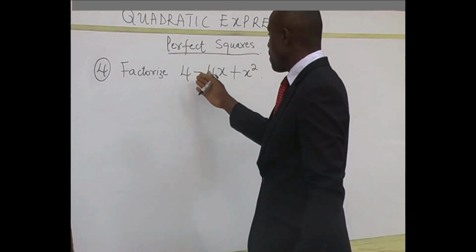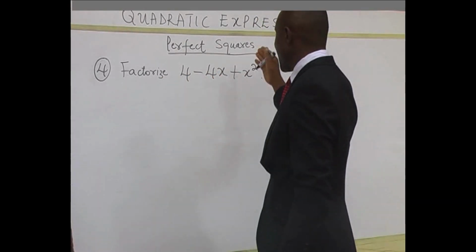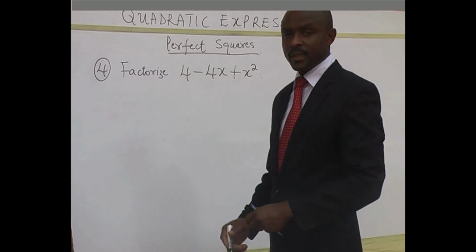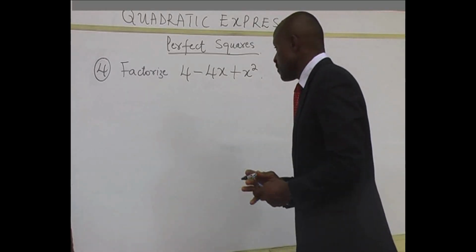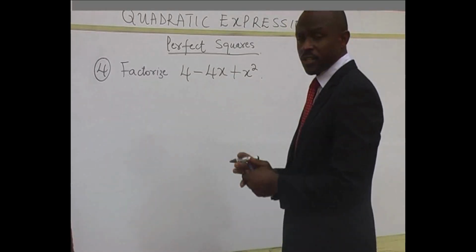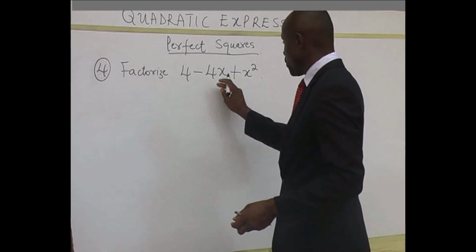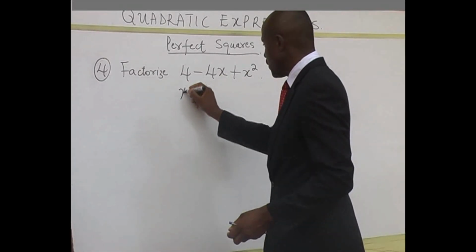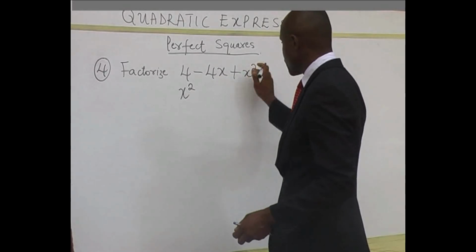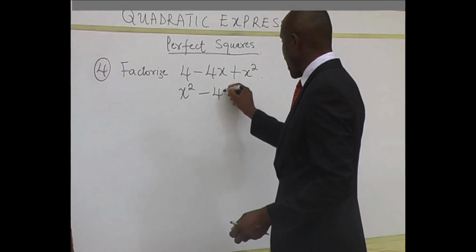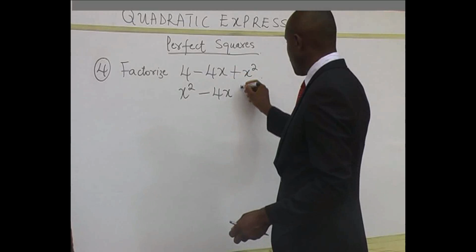Factorize 4 minus 4x plus x squared. In this case, first of all, rearrange this expression. This expression is supposed to take the shape of x squared. Writing this first, x squared minus 4x plus 4.